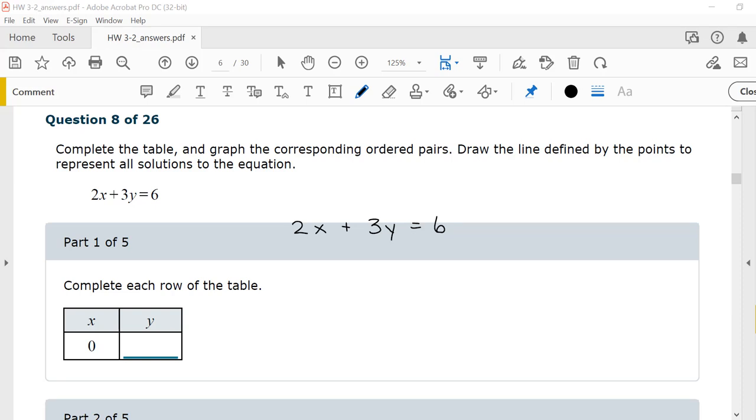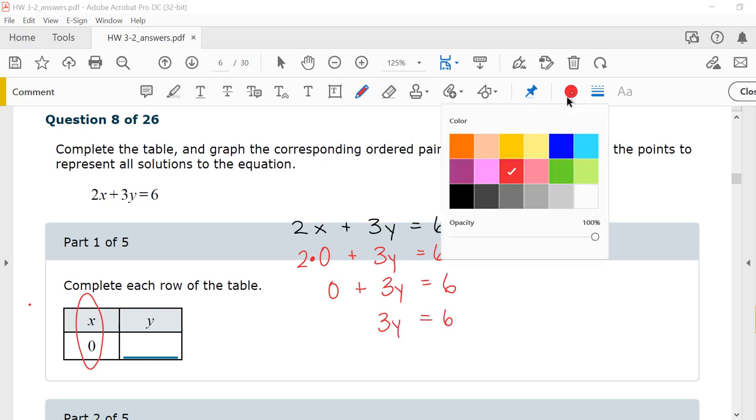Okay, number 8. If your linear equation is 2x plus 3y equals 6, and your first value, you're given x equals 0, that's going to actually give you a special point. We'll talk about that soon. But if I'm going to plug in 0 for x, 2 times 0 plus 3 times y equals 6. 2 times 0 is just 0. 0 plus 3y equals 6. 0 plus 3y is just 3y equals 6.